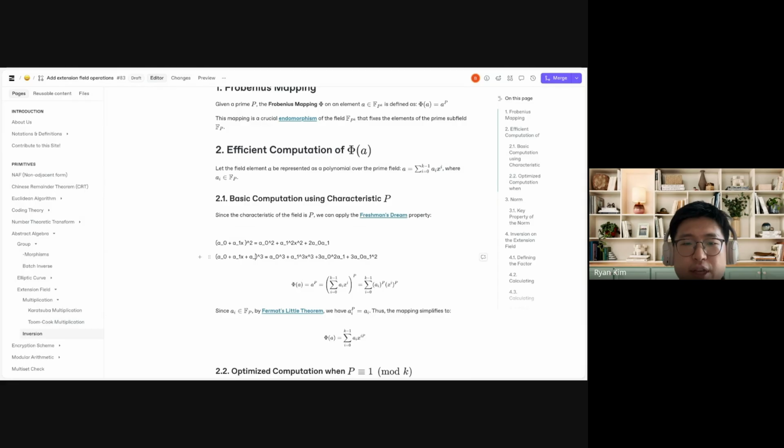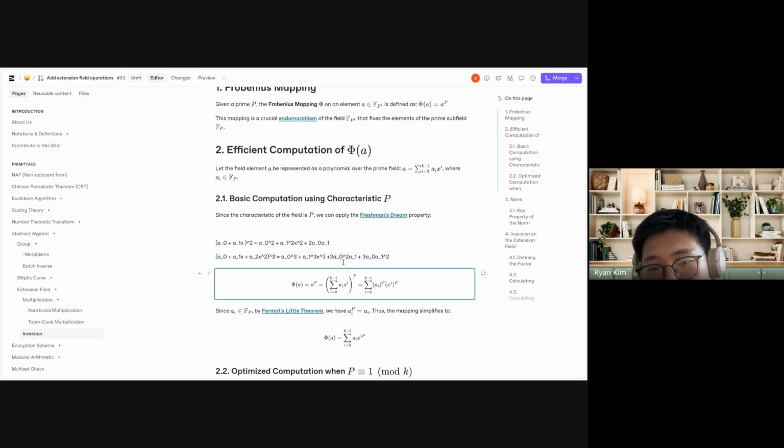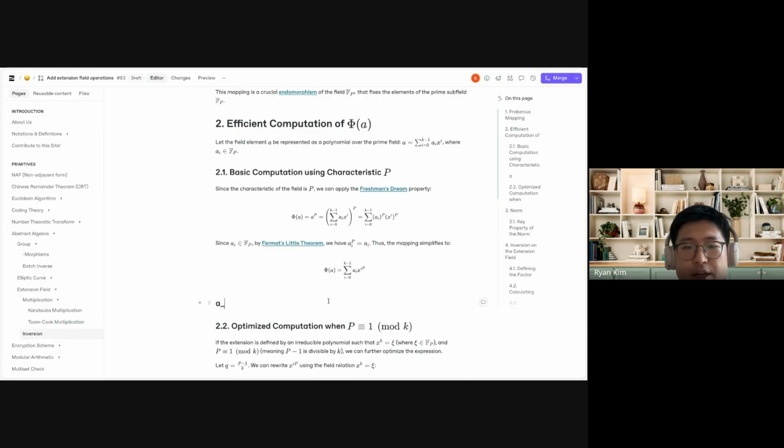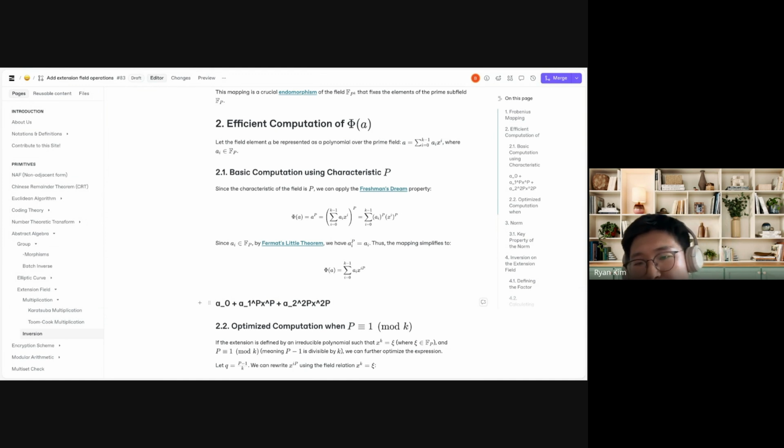I think I have a mistake though, but if the characteristic of the field is 3, all the terms that have 3 will disappear, which means you will only get this part. So for example, A0 plus A1 to the P x to the P, A2 to the P x to the 2P, something like that. Only this part remains.